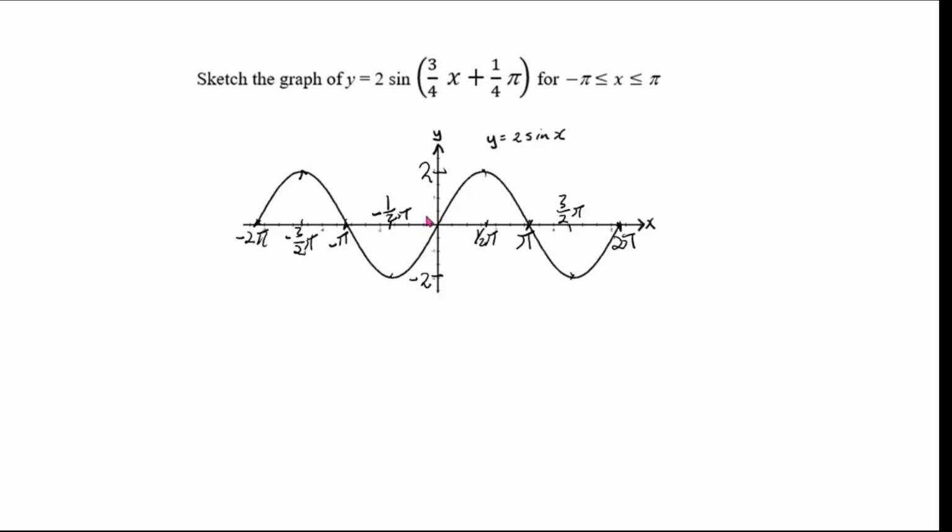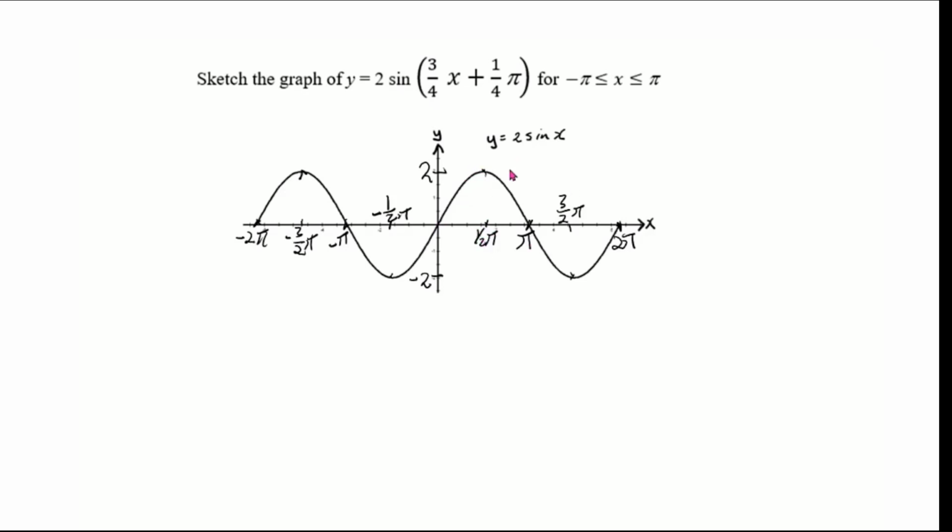Now we need to determine the number of periods in this function. From the equation, we found that the number of periods is 3 over 4 period. From this diagram, 1 period is 2 pi. Now we divide this 1 period of 2 pi into 4 equal parts. From 0 up to 1 over 2 pi is the first quarter.